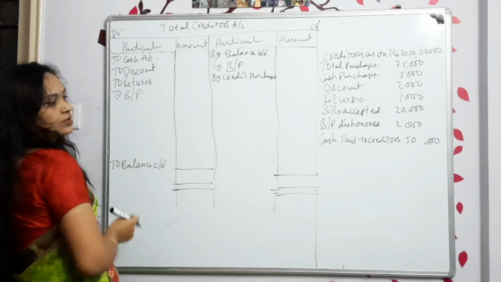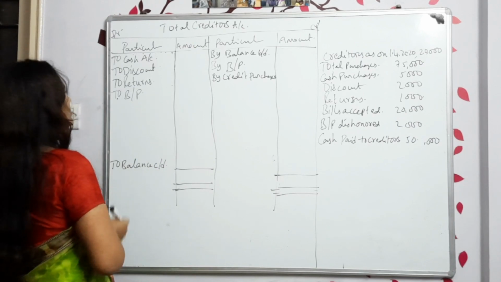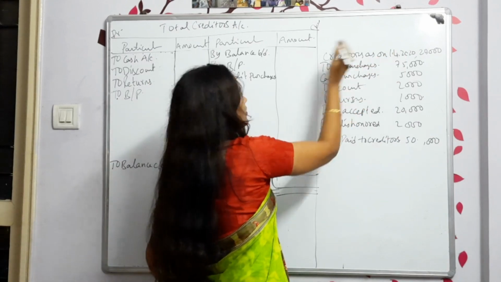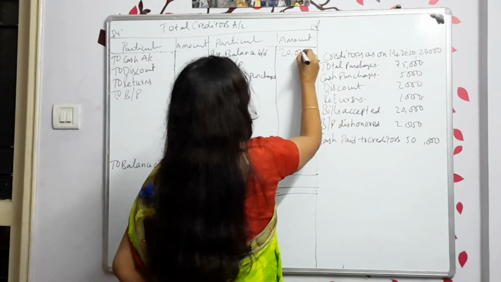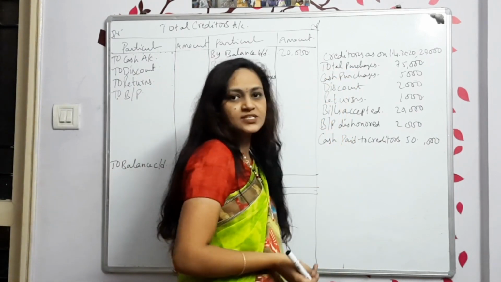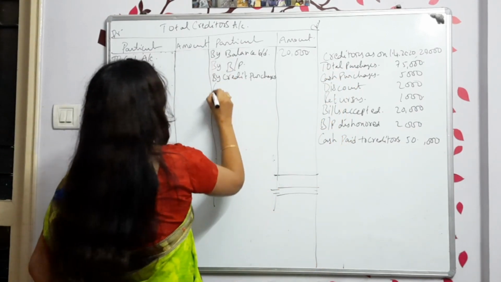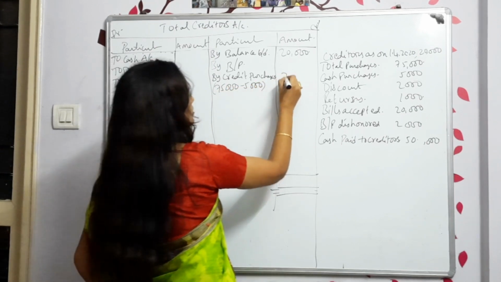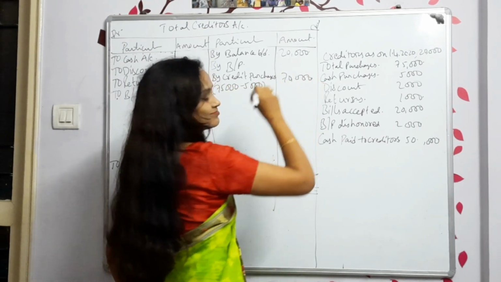Okay. Now, this is the format we are writing. First, let's write down the given data. Creditors as on 1/4/2020, that means opening creditors 20,000. Total purchases 75,000, cash purchases 5,000. How will you find out the credit purchases? 75,000 minus 5,000, you will get 70,000.